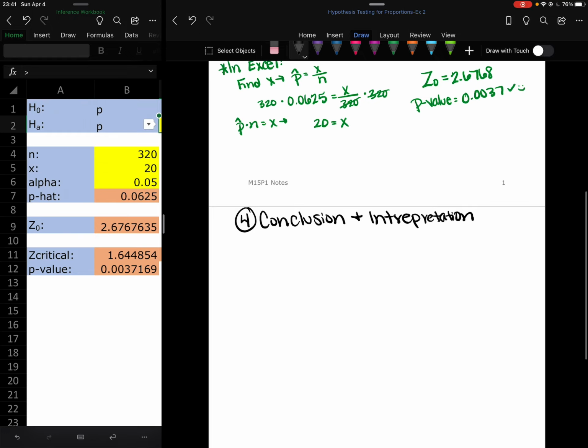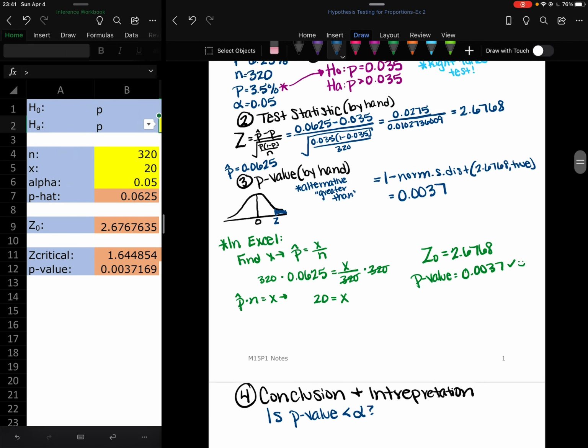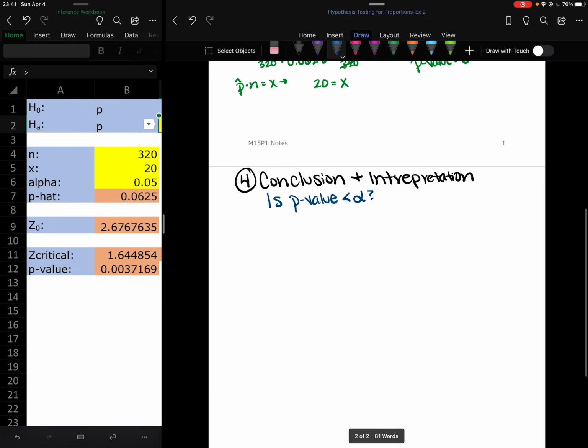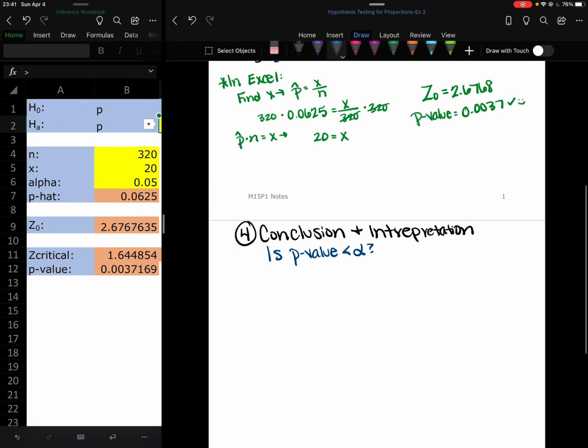So remember, for the conclusion, we want to know, is our p-value too small to be plausible? Is the p-value less than the alpha? The alpha tells us what too small is. Even though this is greater than up here, that doesn't matter anymore. We took care of that when we calculated the probability. What I want to know is the p-value too small to be plausible?